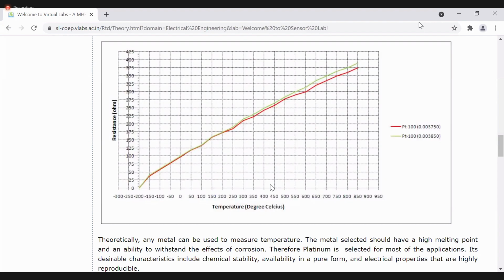Now the temperature of the RTD is 100 degrees Celsius. What will be the resistance, high or low? Sir, resistance will be high, sir. Why? Because they are directly proportional, based on the formula. Very good. In an RTD, resistance is directly proportional to the temperature.